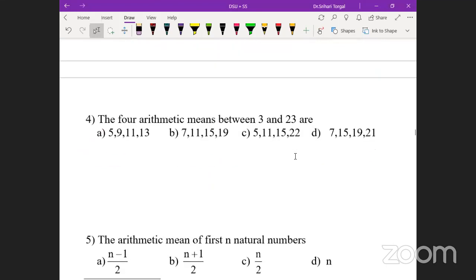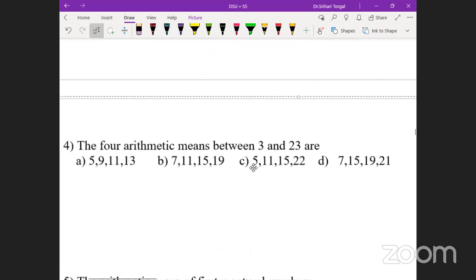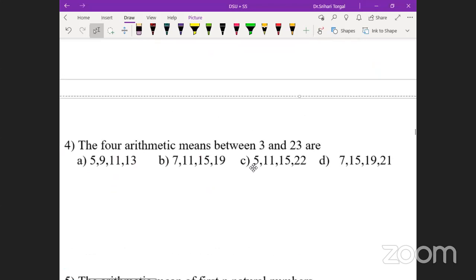Question number 4. Tell me the answer for question number 4. The 4 arithmetic means between 1, 3 and 23. Harmonic mean formula is 2AB divided by A plus B. Many of them are telling that option B is the right answer. Let me check. What is the difference here?